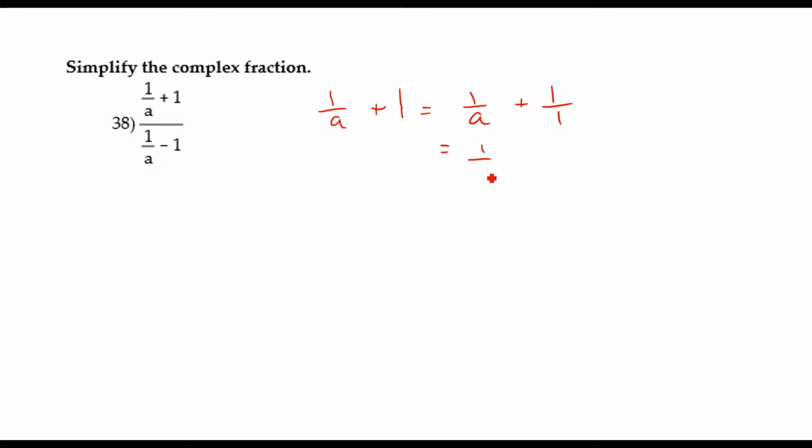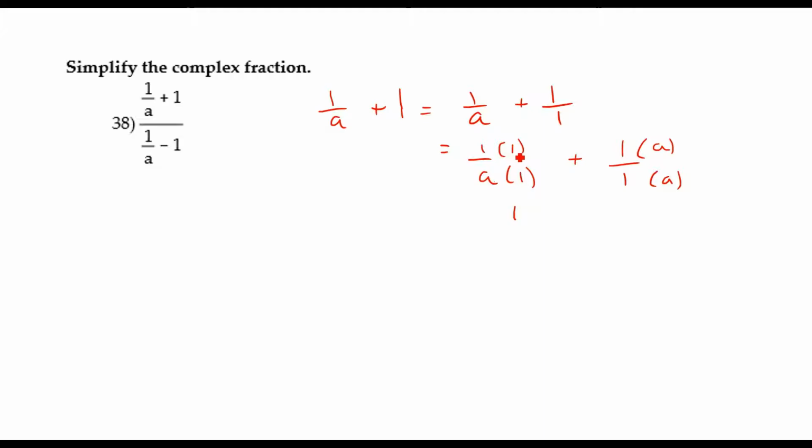So we have 1 divided by a, and we're going to take 1 and 1 over here. This numerator and denominator are both going to get multiplied by a, and this numerator and denominator are both going to get multiplied by 1. So 1 times 1 is 1.